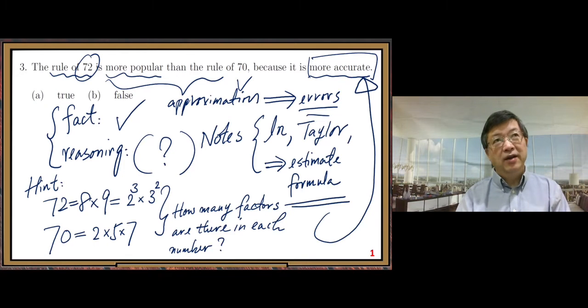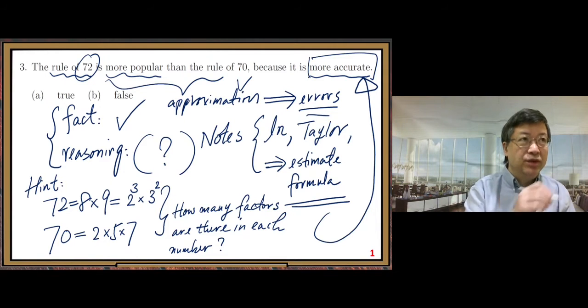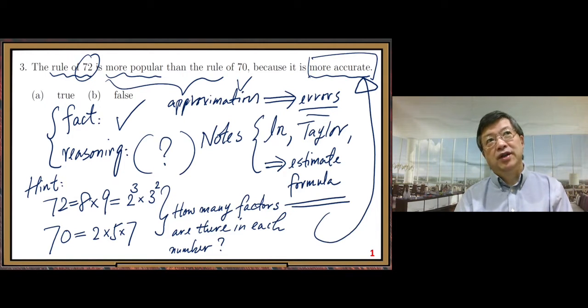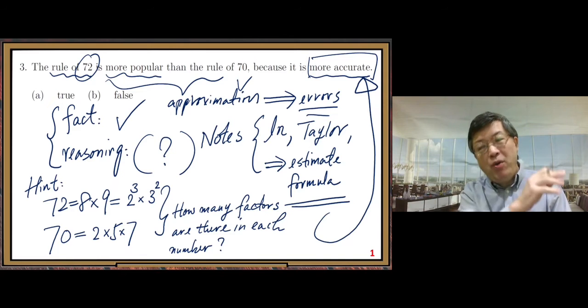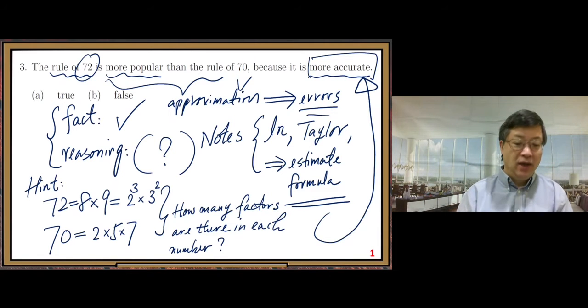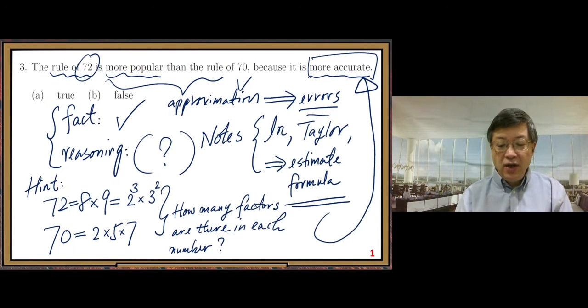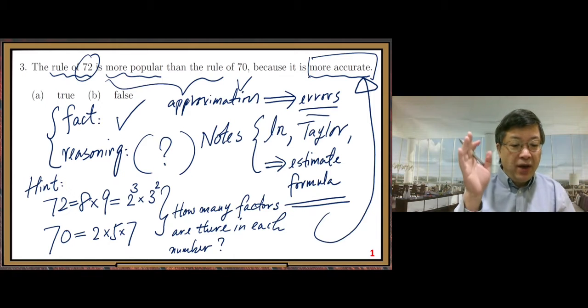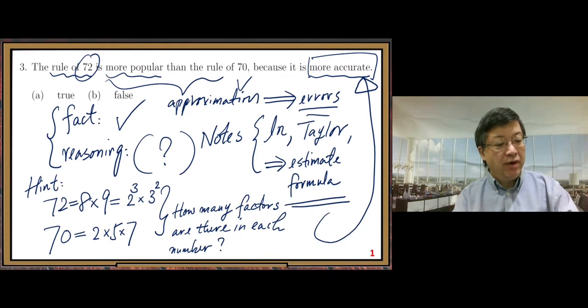Can you see that? How many factors? Because the number of factors will tell you the number of integers divisible by these two numbers. So you can look at it from that point of view. All right, so this is the background and a hint for question number 3.